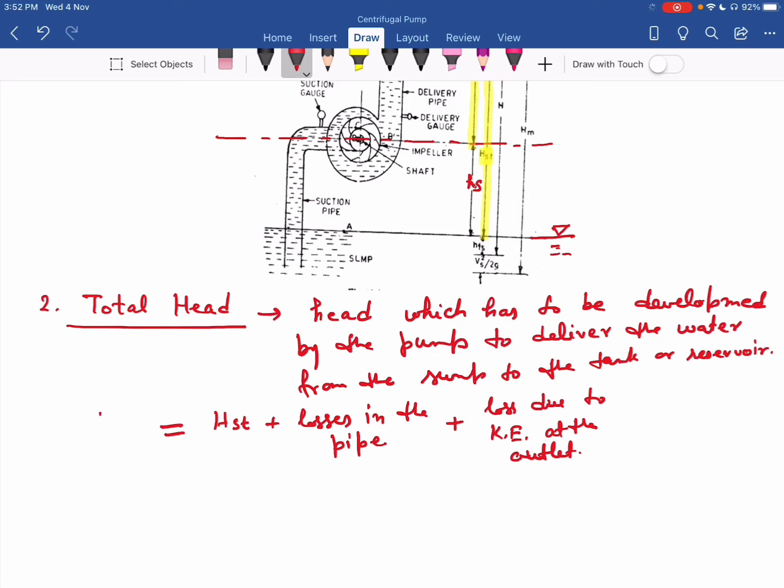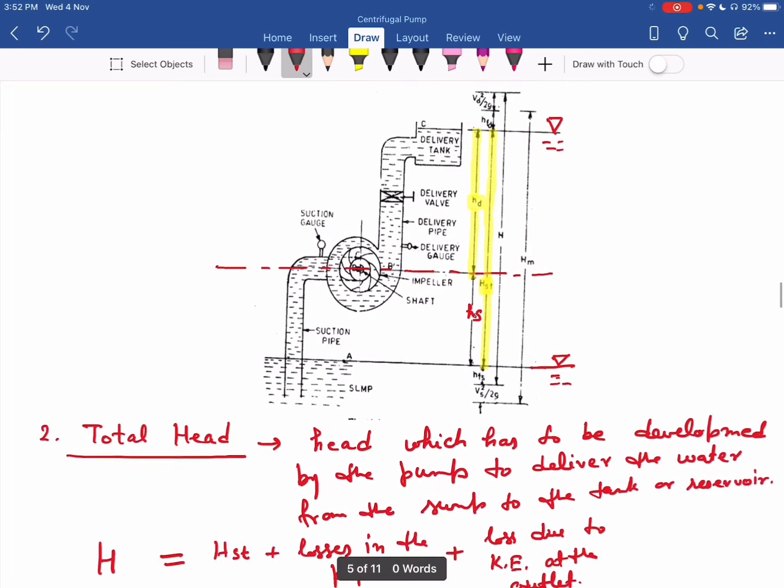So that becomes my total head H. So you can see this is equal to HST plus the losses in the suction pipe, that is the frictional loss, HFS, frictional loss in suction pipe, plus HFD, frictional loss in delivery pipe, plus the loss due to kinetic energy at the outlet, that I can write as VD square divided by 2G. Okay, so this is my total head H.